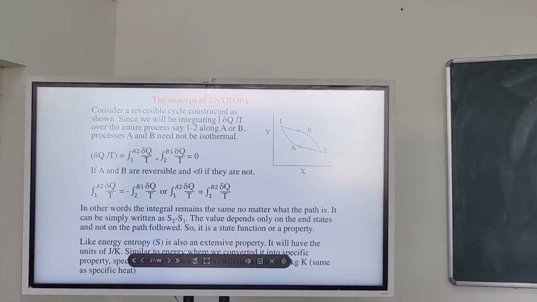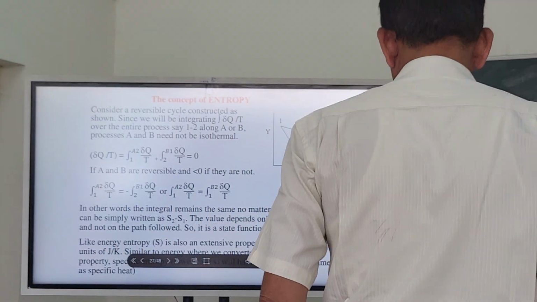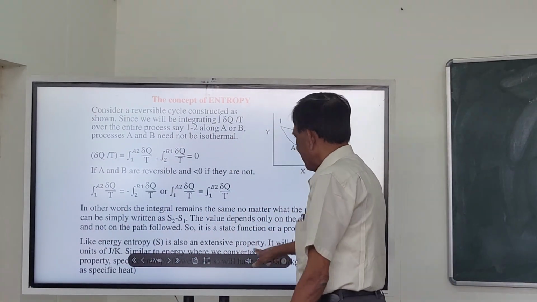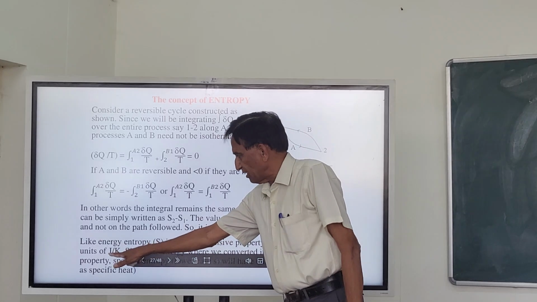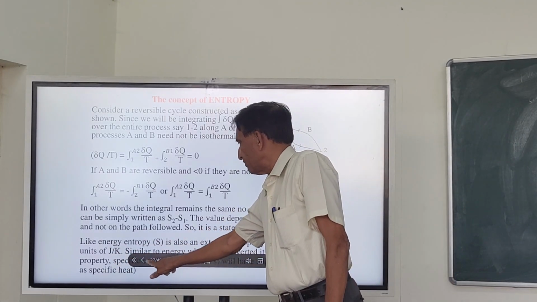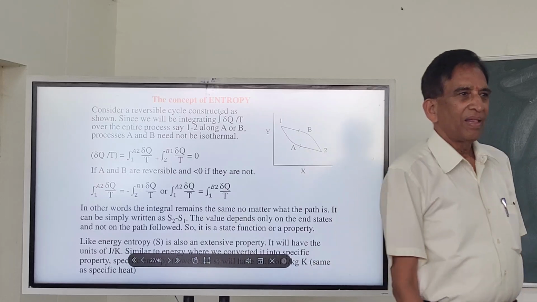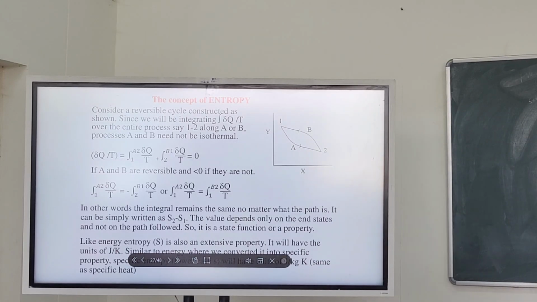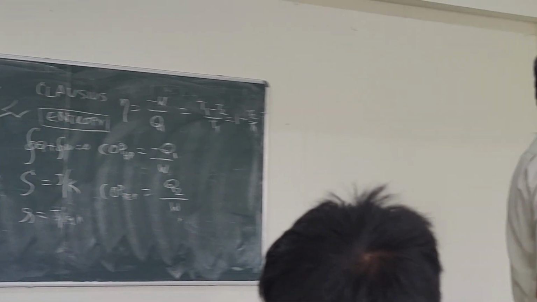So that's a lower case s, that is what is marked in your steam tables. No, you don't know how to use the steam tables. So capital S has a unit of joules per Kelvin, and lower case s has a unit of joules per kilogram Kelvin. Can you tell me, is there any other property which has the same unit?